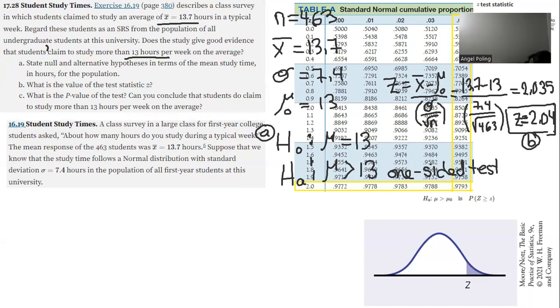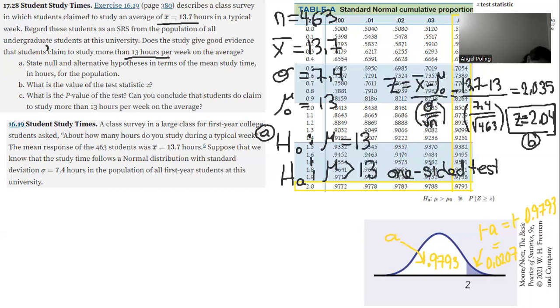The book tells us the area to the left, so we need to find 1 minus that value. 1 minus 0.9793 is 0.0207.